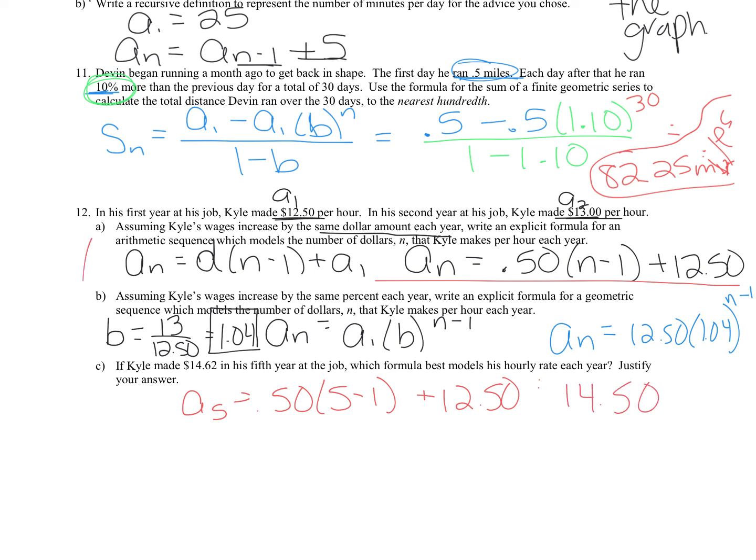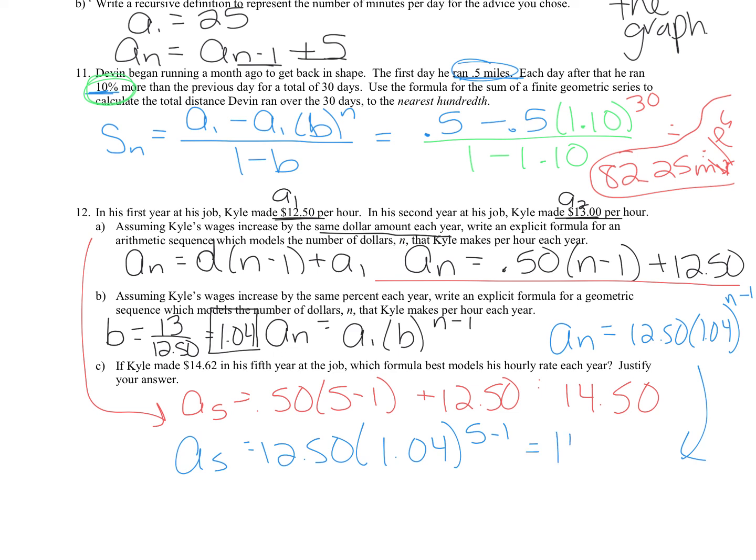So this is from A. And then from B, we're going to use this formula. So a sub 5 would be 12.50 times 1.04 to the 5 minus 1. And that's going to work out to be 14.62. So it looks like the formula that best models his hourly rate each year is B. Okay, so we're talking about the formula in part B.